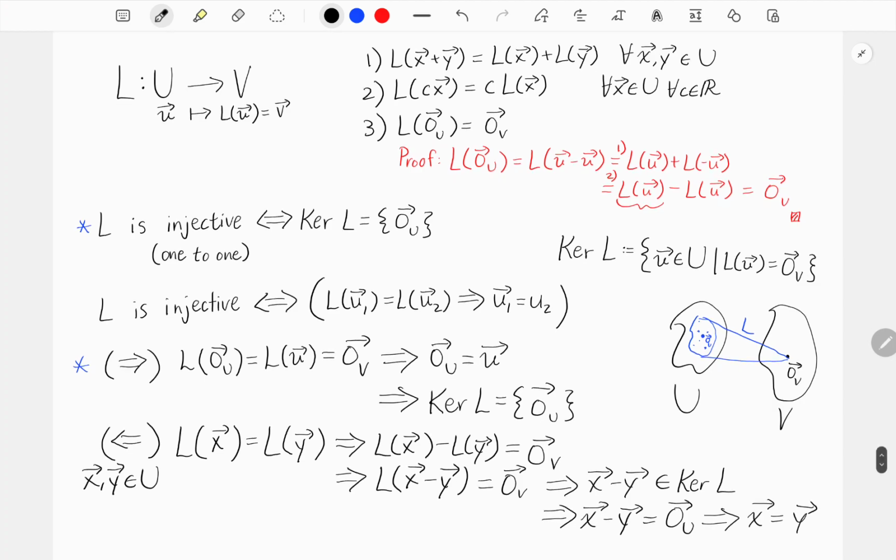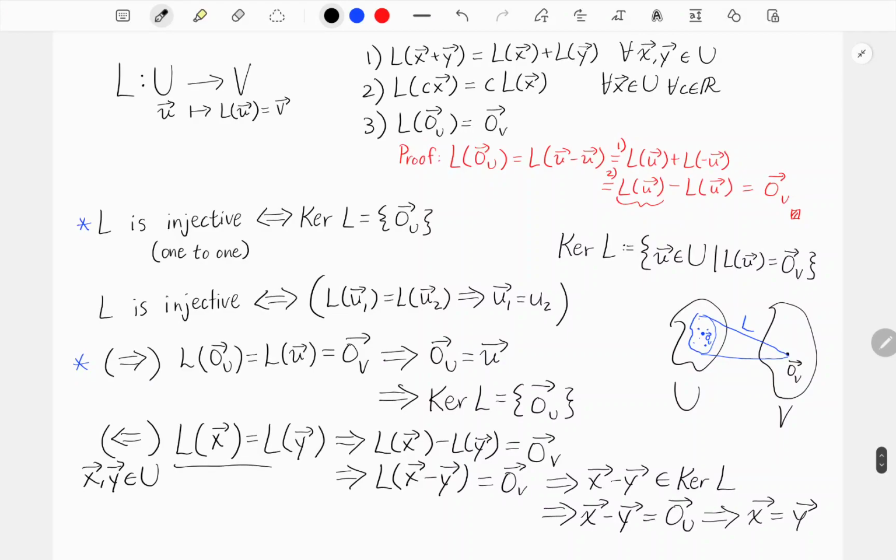Wait, we started off with two outputs equaling each other for arbitrary input elements x and y, and that implied that the inputs are the same. Isn't that the definition of injective?